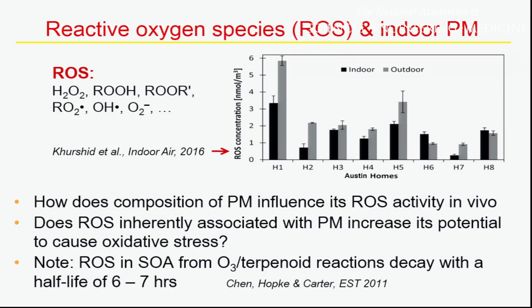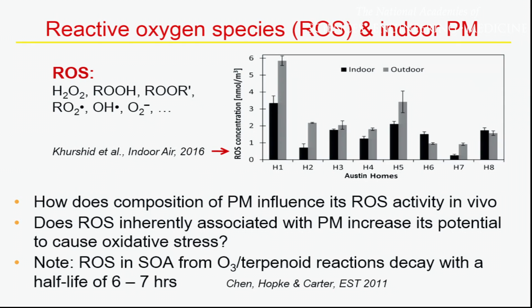We know if we inhale PM that's enriched in certain transition metals, that PM will induce oxidative stress. Does ROS inherently associated with PM increase its potential to cause oxidative stress? A little work has been done on this using animal models, but I think it's still a question that remains.